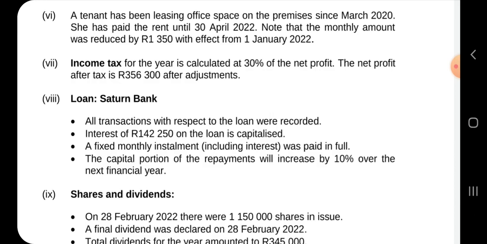It's 4 months. So we'll say 1,350 times 4 months. That will give us 5,400 rand.